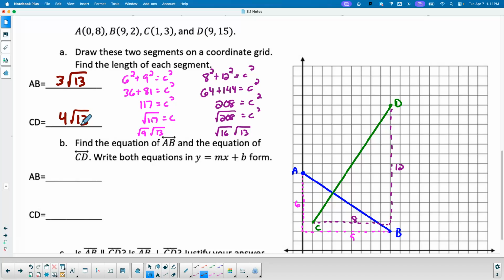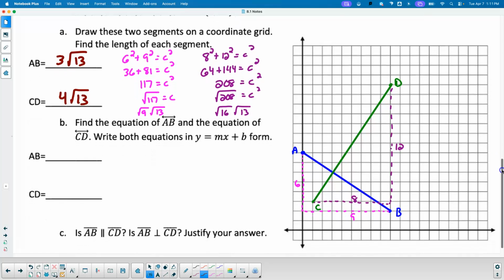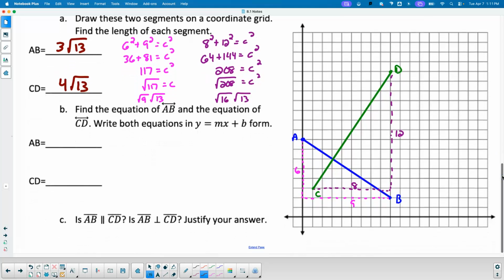Now we need to find the equations of those lines that contain those line segments. Okay. Well, what's the slope of AB?